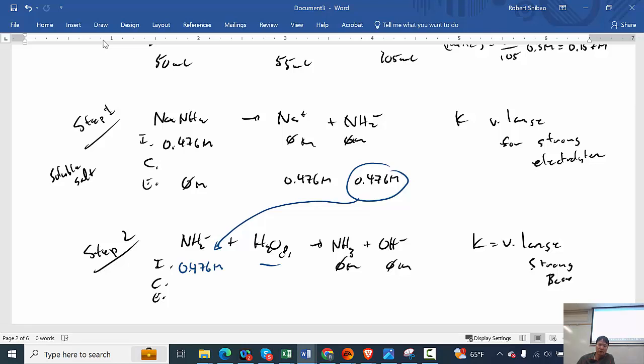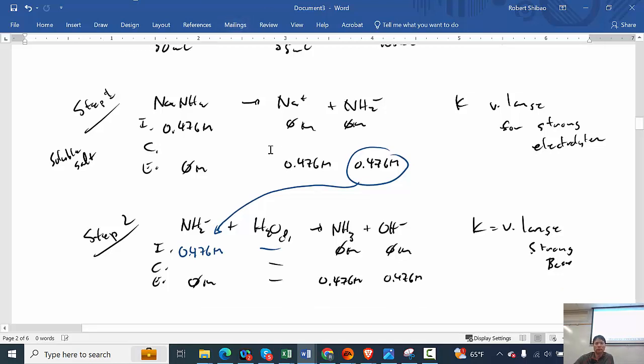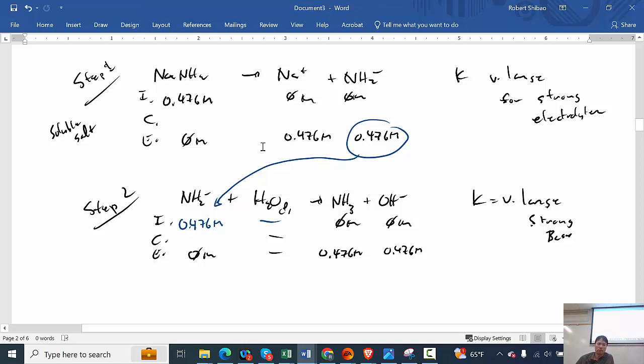When we have a K that's very large, the change is complete. So we're going to end up with 0.476, 0.476. Amide is not the strongest. It is a strong base. So step 2 is a strong base.